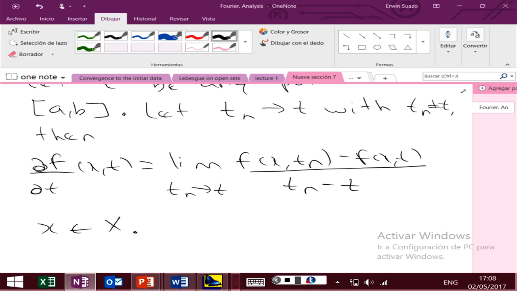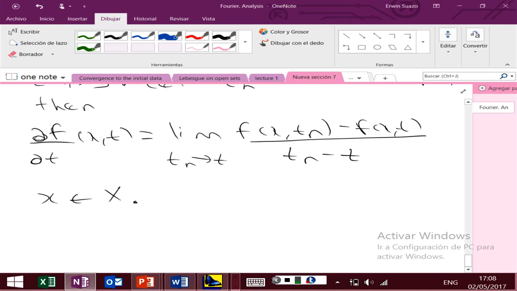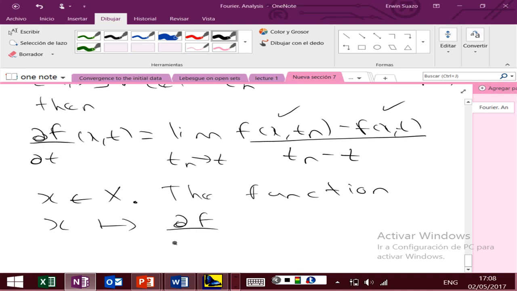So now this is measurable because I make that assumption. Remember, it's integrable. So the difference is measurable, and I divide it by a constant, so the whole thing is measurable. So the function that to each point x assigns the derivative with respect to time is measurable.